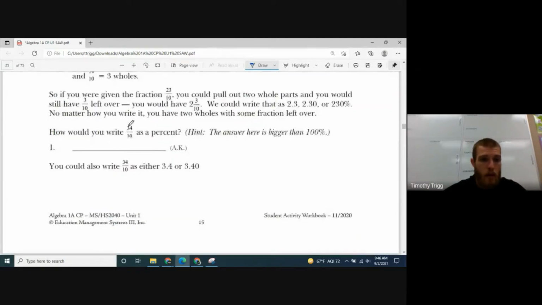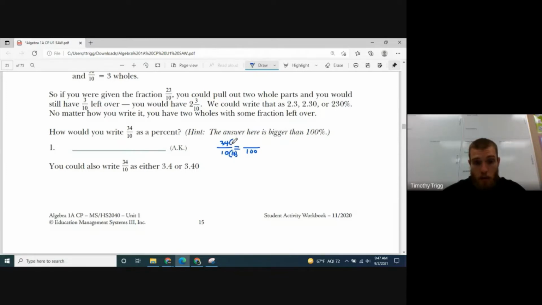How would you write 34 out of 10 as a percent? So you can make it out of 100, right? If I want to make this into a fraction with 100 as the denominator, we'd have to do 10 times 10 to get 100.